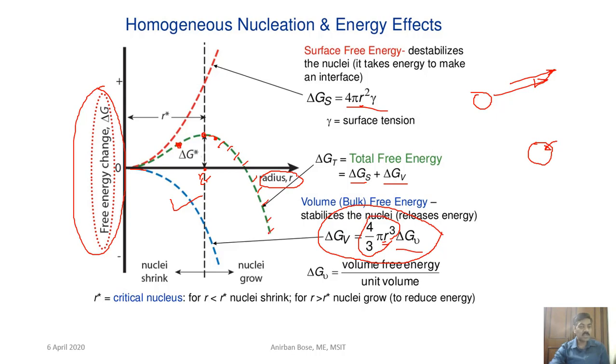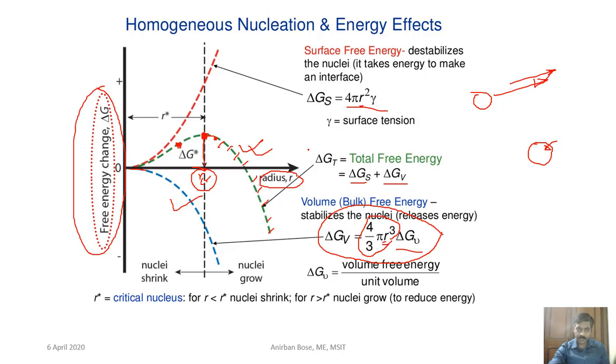So that is why the solidification process will take place, and ultimately the whole liquid will be converted into solid. But the critical radius has to be reached. After that this process will automatically happen. So this process up to reaching the critical radius is called the nucleation.